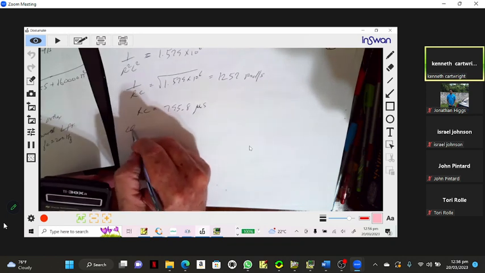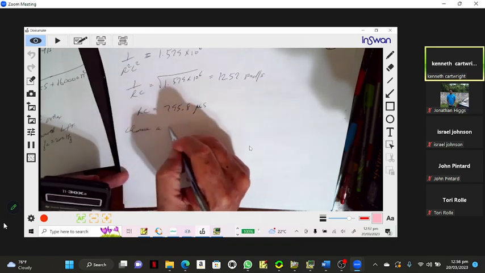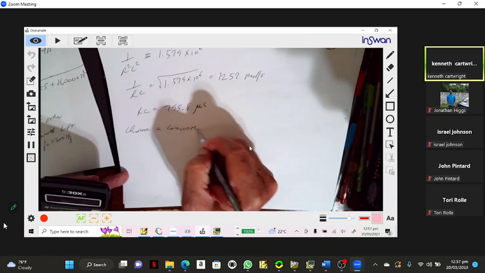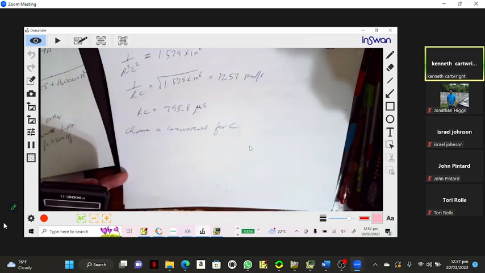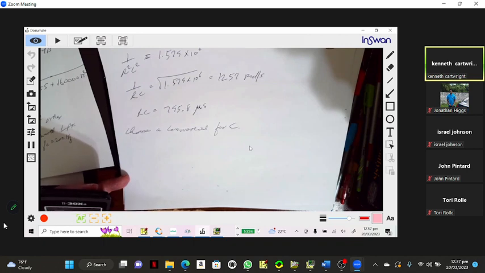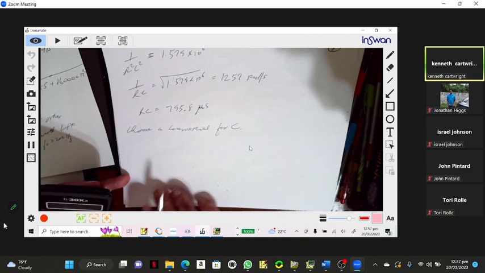So choose a commercial value for C, not R, C. Why? There are only a few values of C. There are infinite values for R. So, what do you want to say?